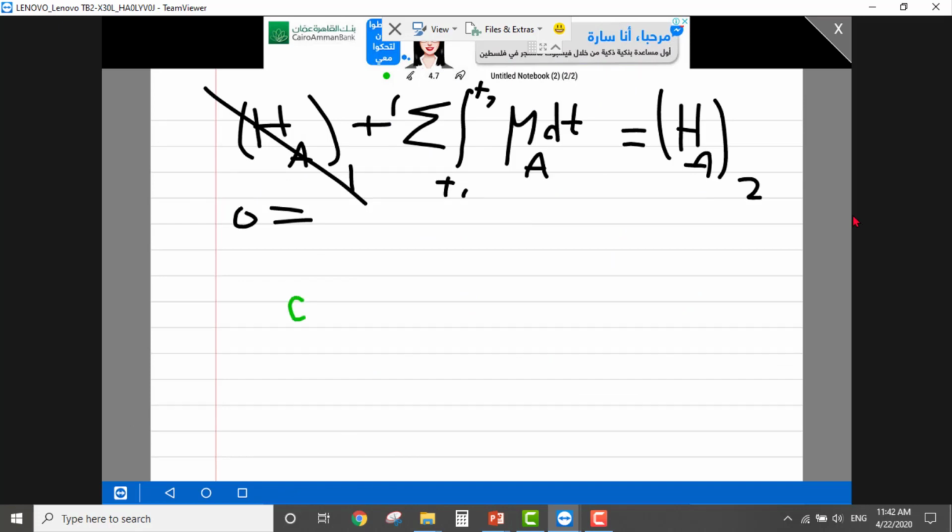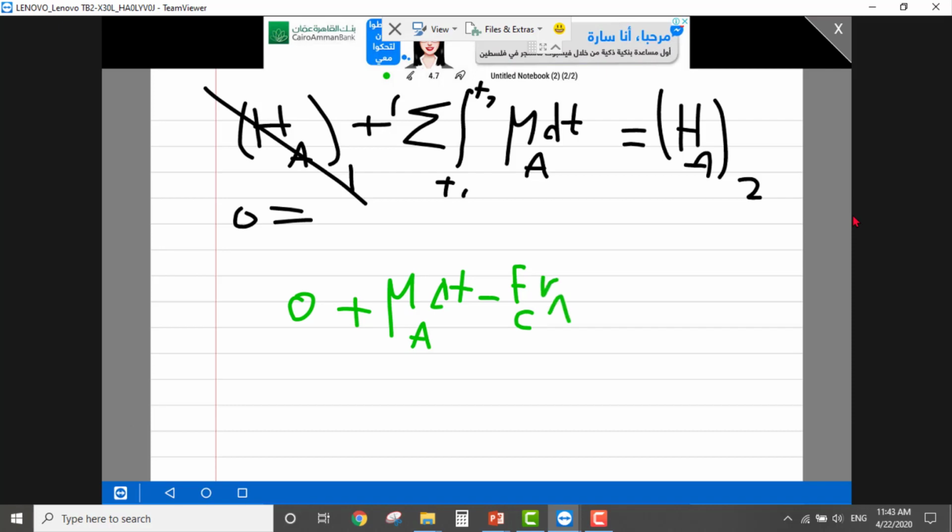So here 0 plus we have moment A, and it is directed clockwise, so it is a positive moment about A multiplied by delta T. Now the reaction force will do a counterclockwise moment, so this is minus FC, the force, multiplied by the perpendicular distance, which is the radius RA.